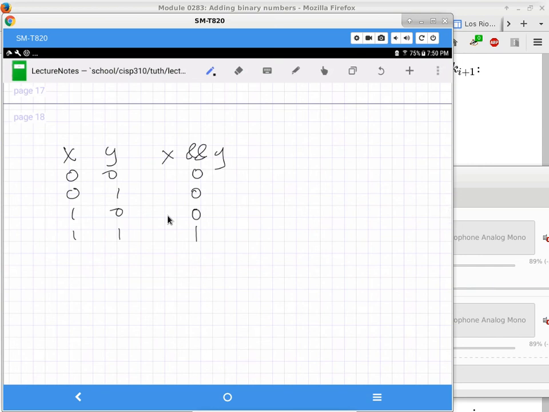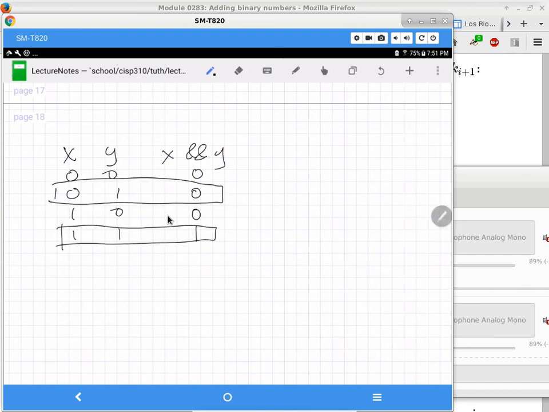Which two rows? The second and the fourth, right? So when you look at this one and this one here, it shows that false and true is false. True and true is true. So whatever and true is whatever you start off with. Here's the proof.